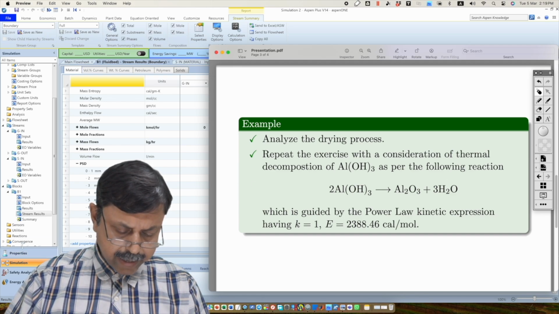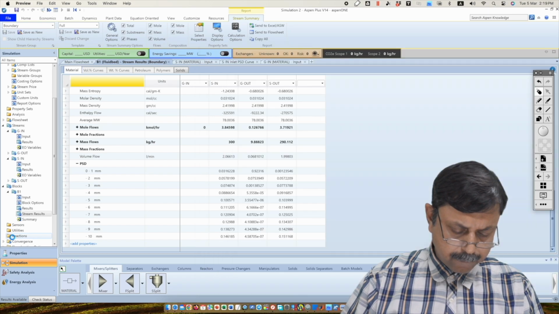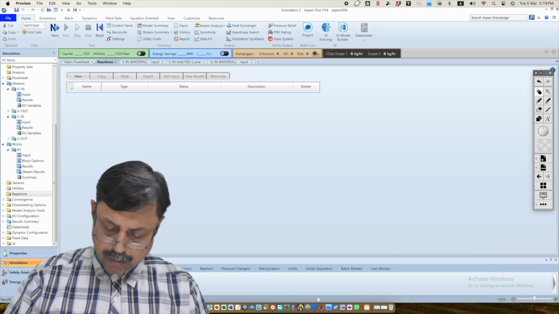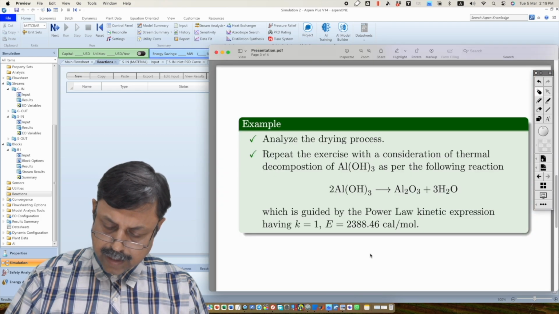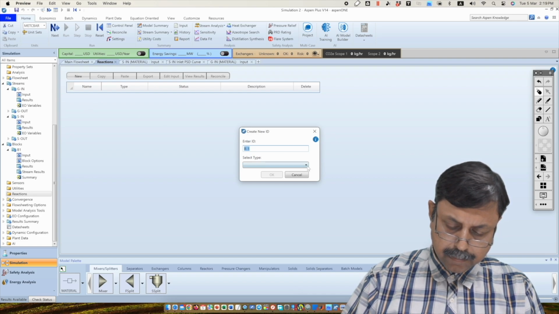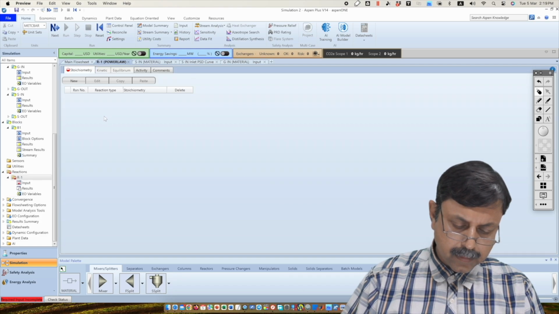So for that, go to the reaction. New. Now let us see once again what that is. It is a power law kinetic expression.